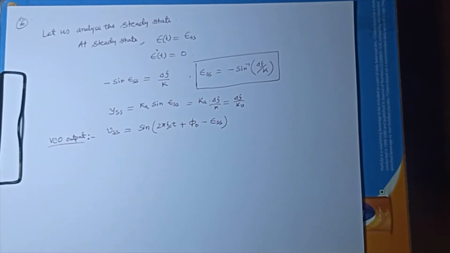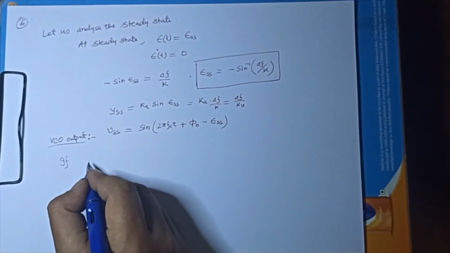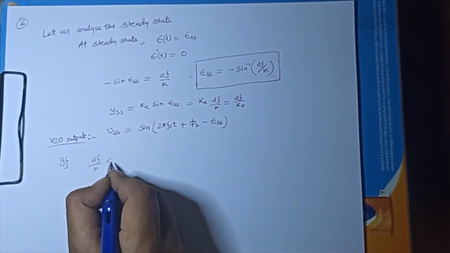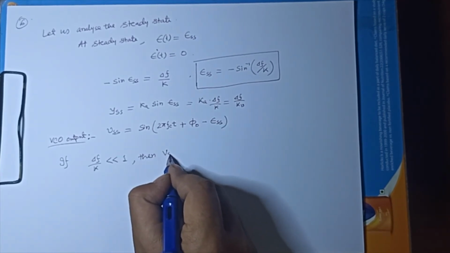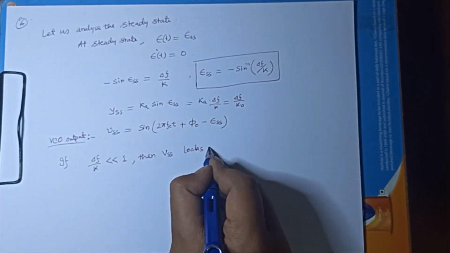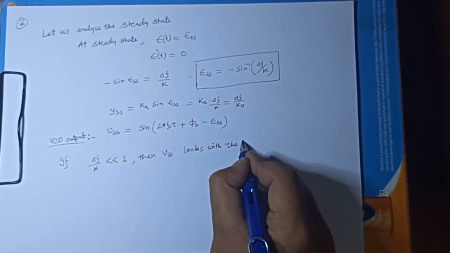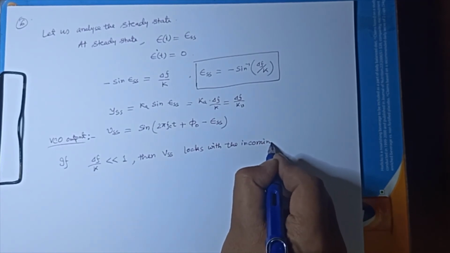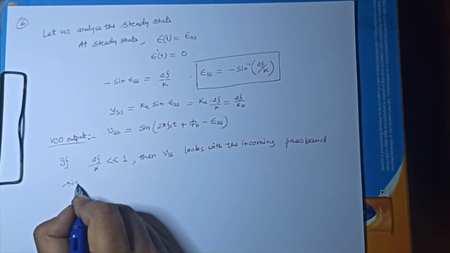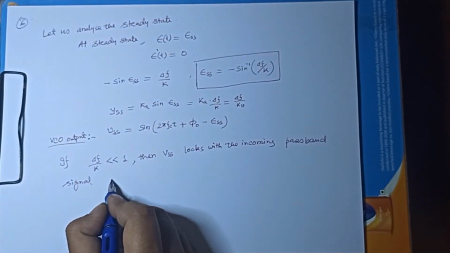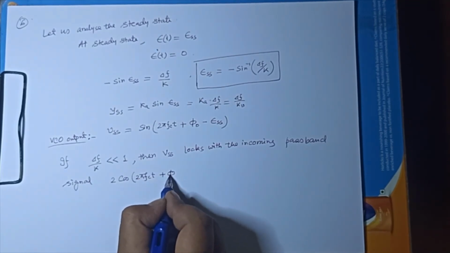So everything will be fantastic if delta f by K is very small, close to 0 basically. Then vss locks with the incoming signal, say this 2 cos 2 pi fc t plus phi 0.